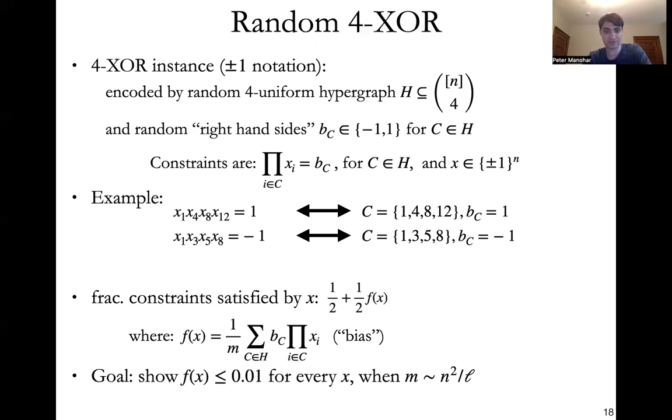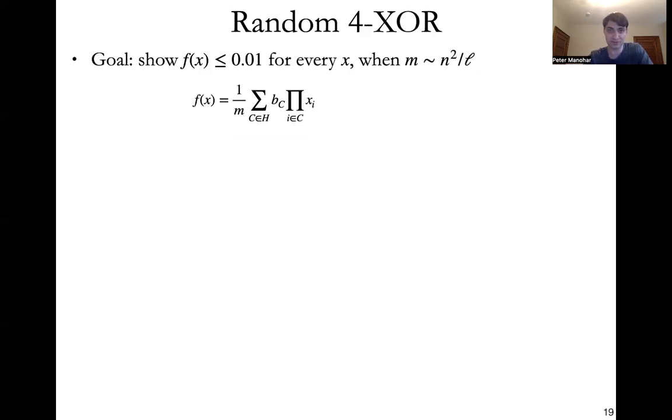So our goal now is to just show that f(x) is at most, say, 1 over 100 for every x, provided that m is at least n squared over l. And if we can do this, then the number of constraints satisfied by any x can be at most half plus some small constant, and we'll have succeeded in refuting the random 4-XOR instance. So that's our goal. How do we achieve it?